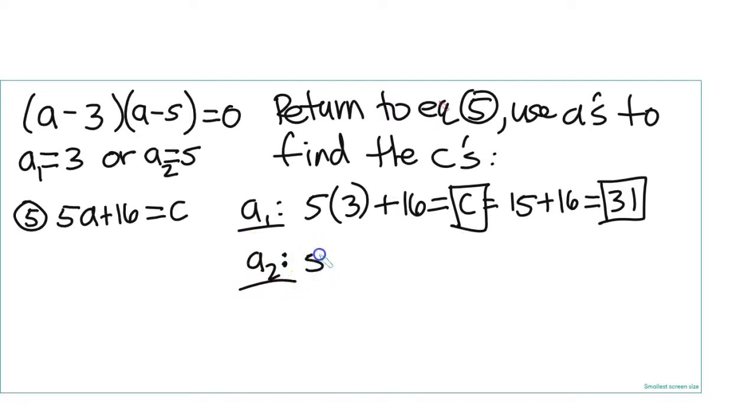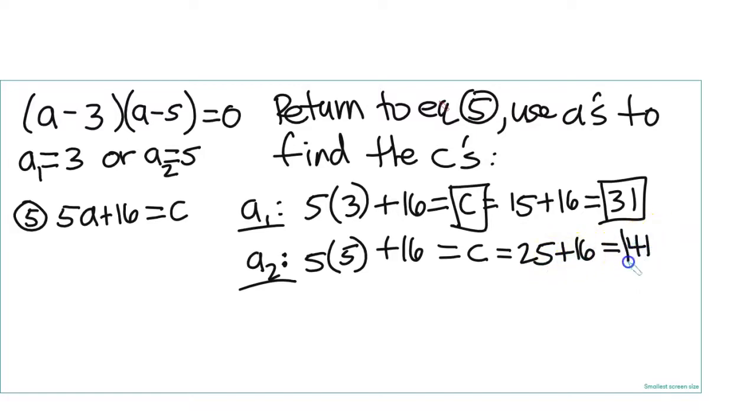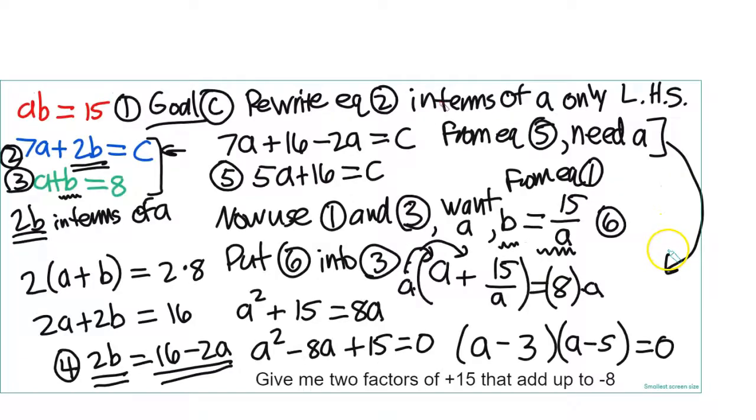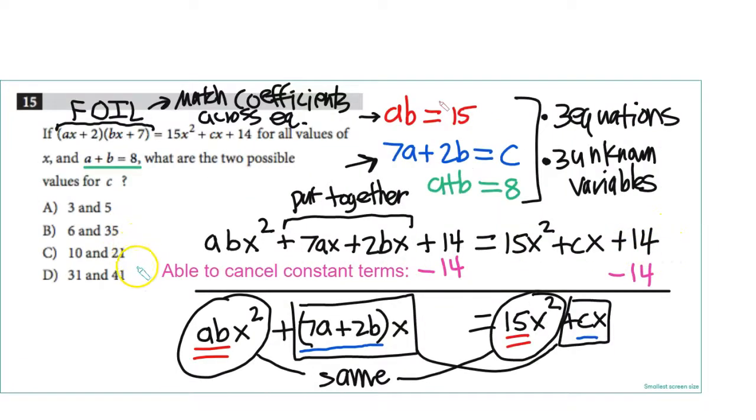A2, we're going to do 5 times, this time 5, plus 16 equals C. So what's 5 times 5? 25 plus 16 equals, and what is that? 41. And notice those are the 2 values of C. 31 or 41.